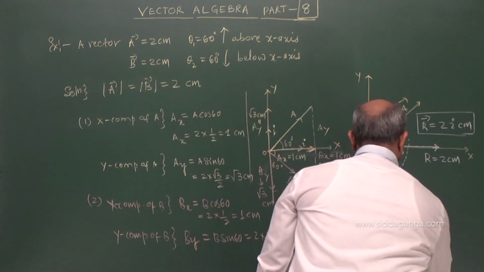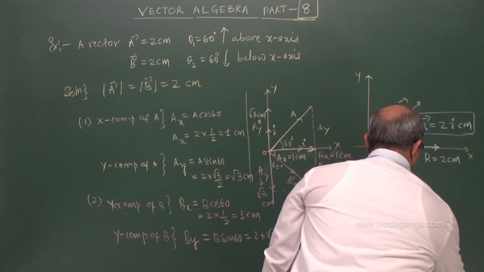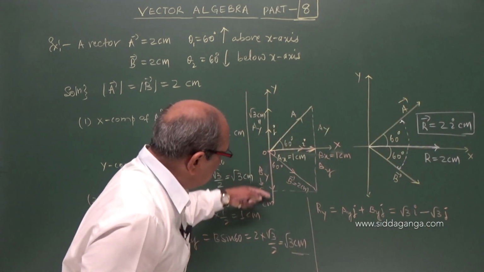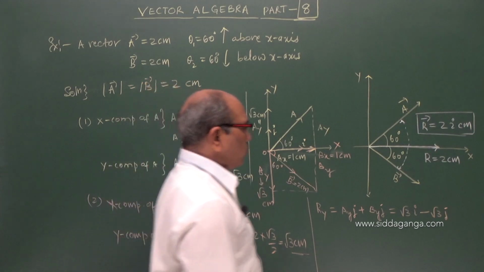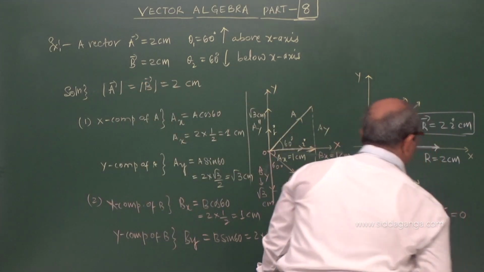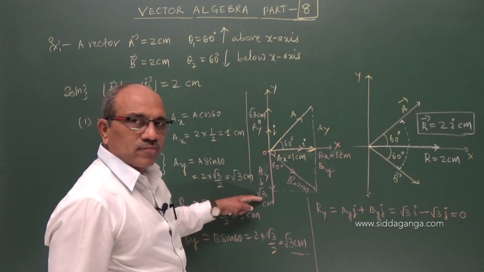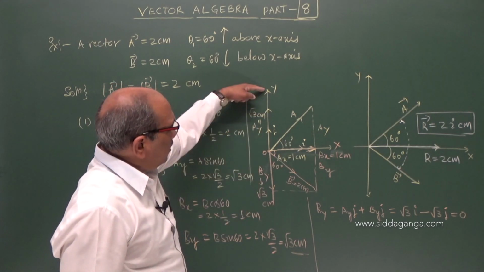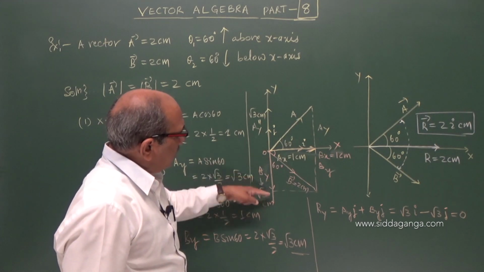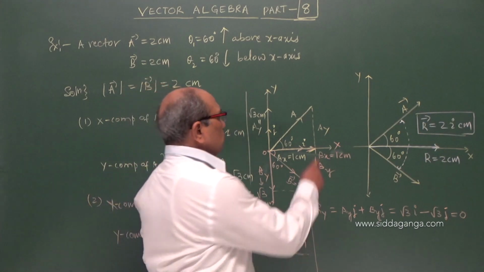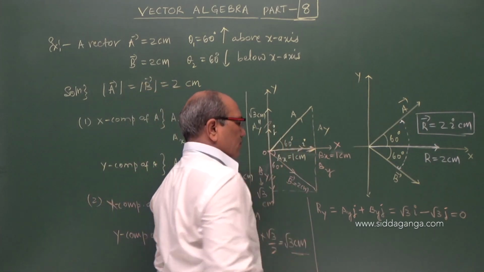Ay is root 3 i, minus root 3 j, because minus j it is downward. So both mutually cancelled and no component is along the y axis. The component Ay cancels with this minus Ay. No component, that is what is mutually cancelled.